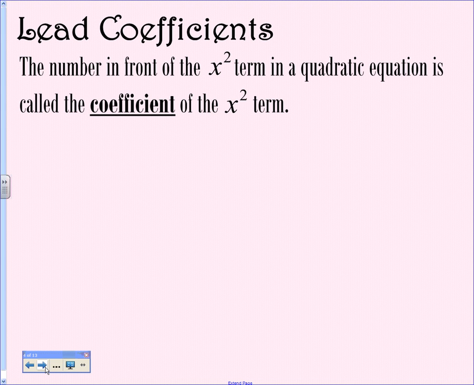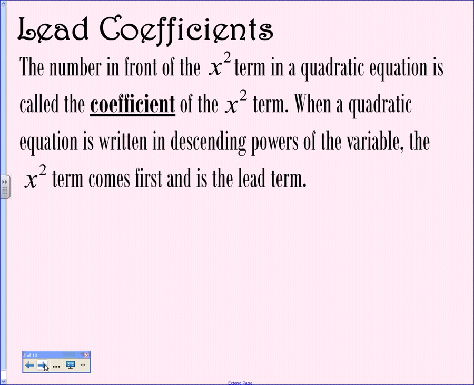So it's called the coefficient of the term. Y'all have heard of the term coefficient, right? Just the number in front. So when you take the coefficient, if you put it at the front of it, it's going to be at the very beginning.